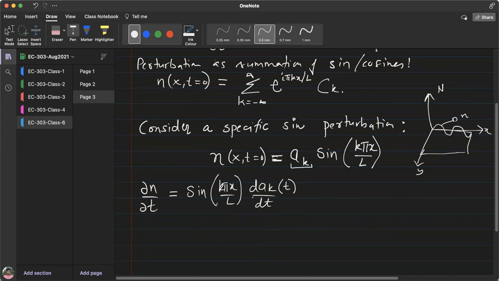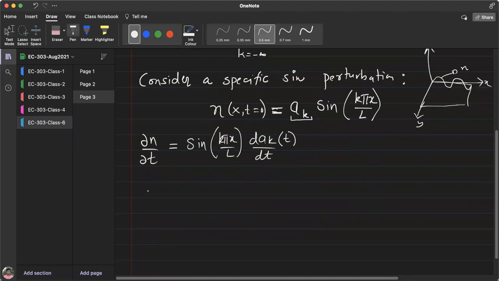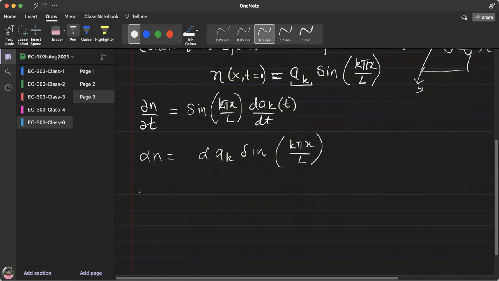Therefore, the time derivative goes like this. Now what about the first term? Alpha times n is alpha times A_k sine of k pi x by L. That's fine. Now we have the diffusion term.